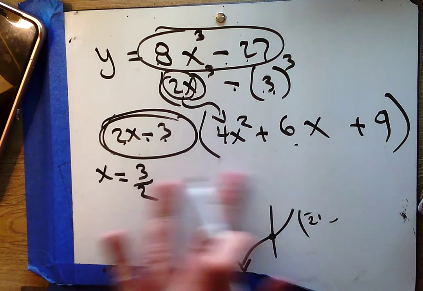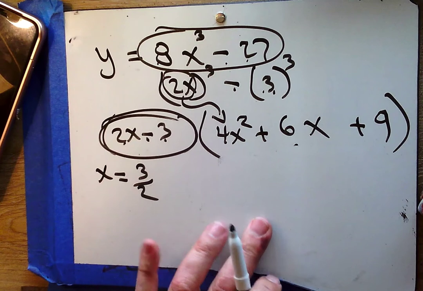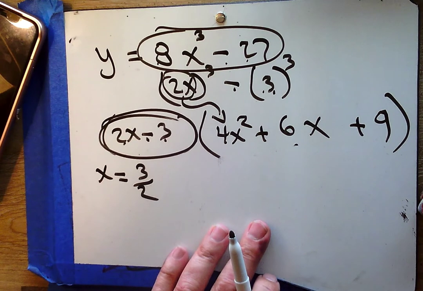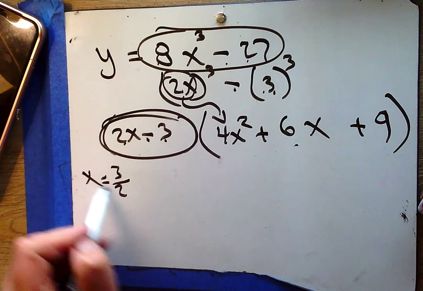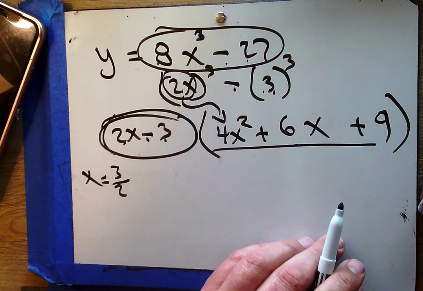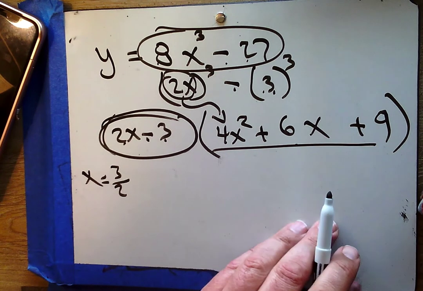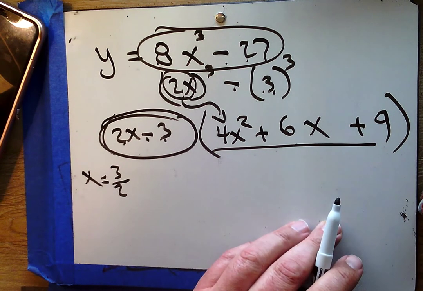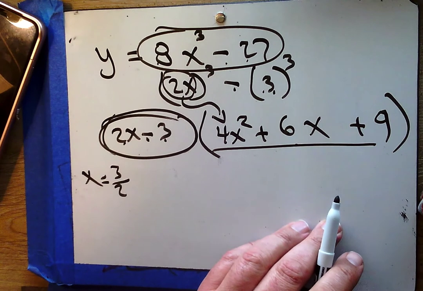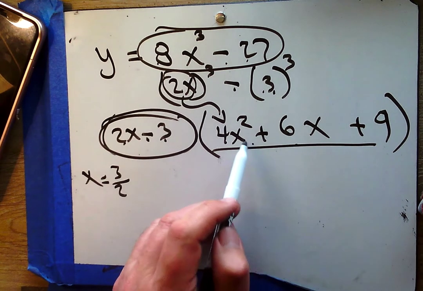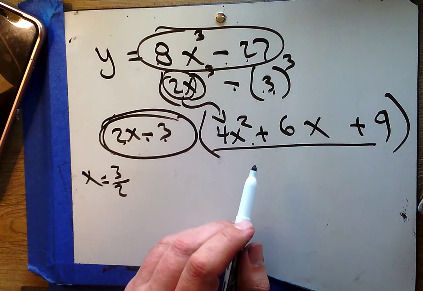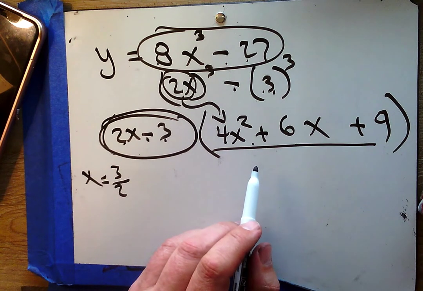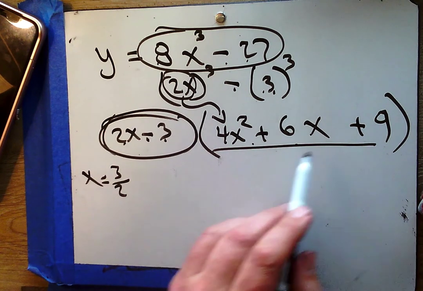But if you're asked to find all the roots of this polynomial, then 3/2 is one of those roots, but this contains 2 more. Remember, from our linear factorization theorem, we know that this thing can be broken down into linear factors over the complex number system. So I have to factor that.